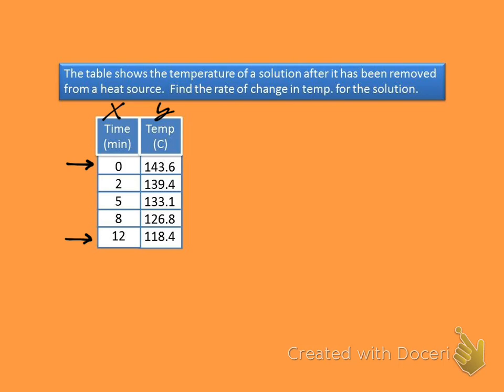And then what I do with those is I make them two coordinates. So 0, 143.6, and 12, 118.4. First row of data right there. Second row right here. Everybody see that?